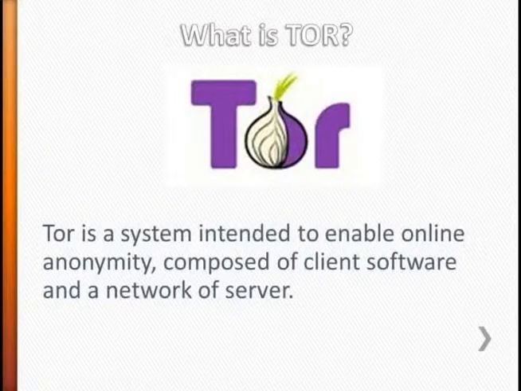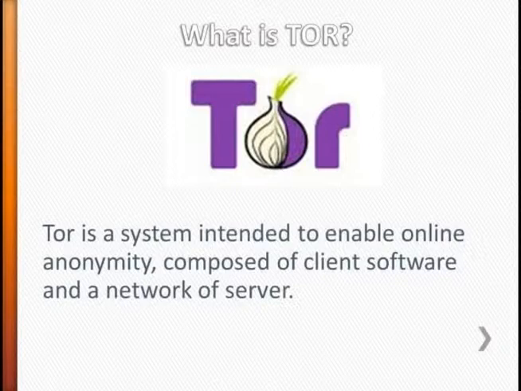What is TOR? TOR is a system intended to enable online anonymity, composed of client software and a network of servers which can hide information about users' locations and other factors which might identify them. Use of this system makes it more difficult to trace internet traffic to the user, including visits to websites, online posts, instant messages, and other communication forms.